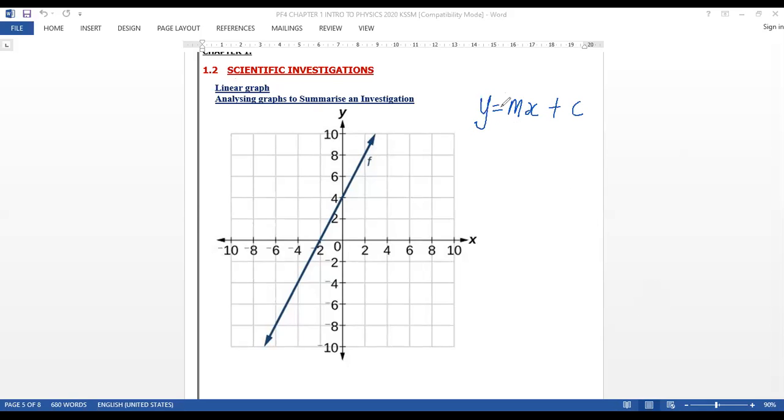What is y equals mx plus c? Y represents axis y. In this graph, y is still y. X represents axis x. In this graph, x remains as x.